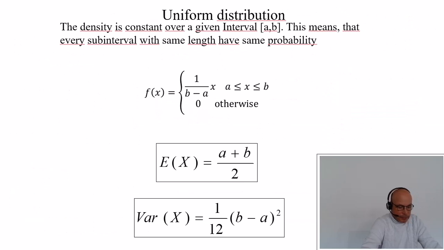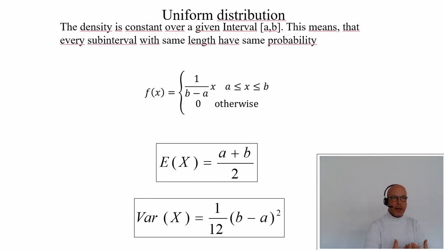Yeah, then of course what we quite often use is the so-called uniform distribution. The reason that this is quite important is that we quite often make the assumption that something is uniformly distributed when we know nothing about the distribution.